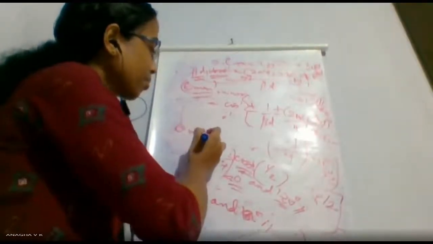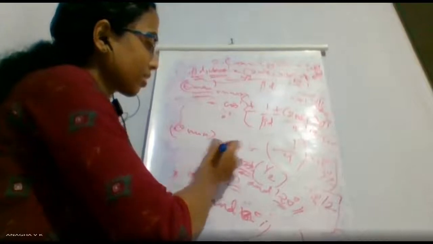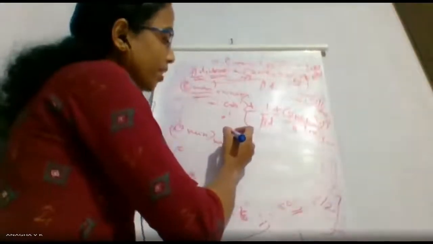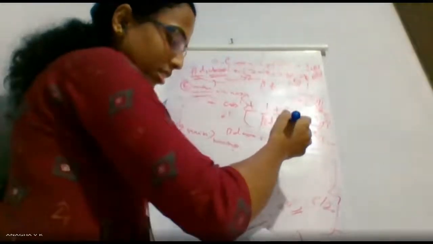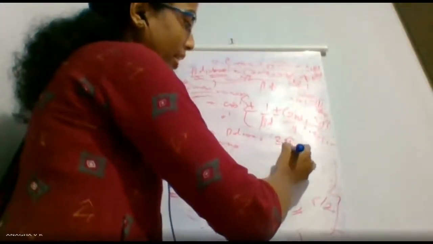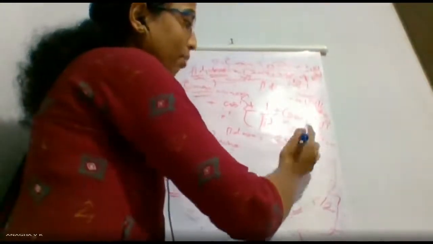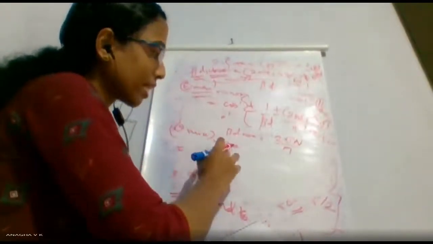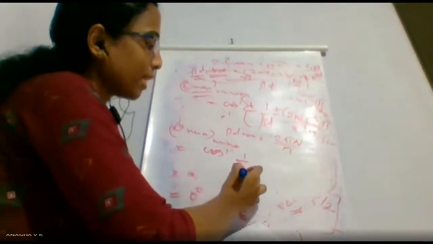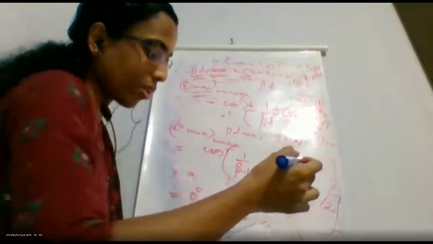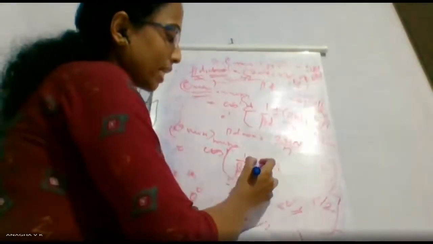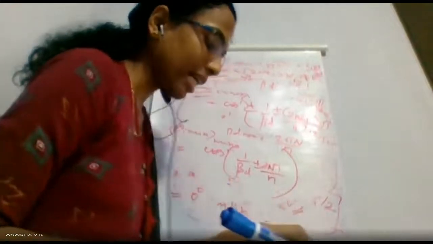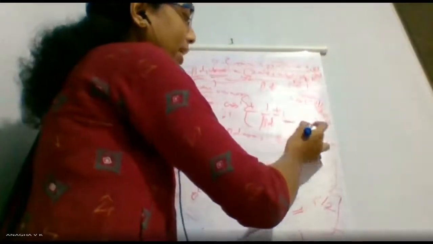Next, θ minimum minor lobes. It was βd cos θ equal to 2nπ by N. So θ minimum minor is nothing but cos inverse of 1 by βd times plus or minus 2nπ by N. So this is an odd multiple and this is an even multiple.